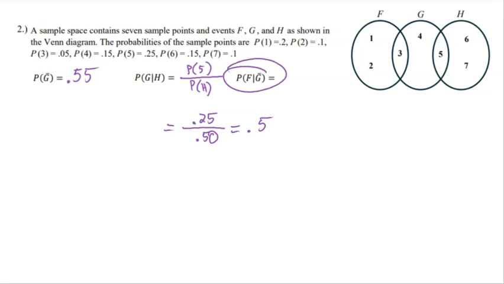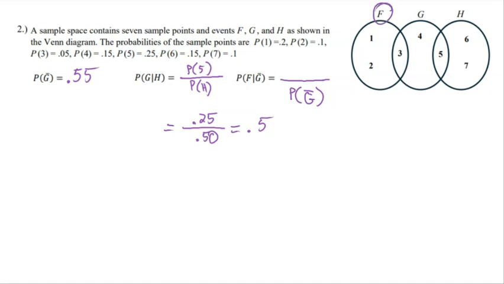Now this one says, what's the probability of F given not G? Okay, so the denominator here is going to be the probability of not G, the complement of G. Probability of the complement of G is going to go in the denominator. And the numerator is going to be the probabilities of everything in F that is also not in G. Well, that means not 4, not 3, and not 5.